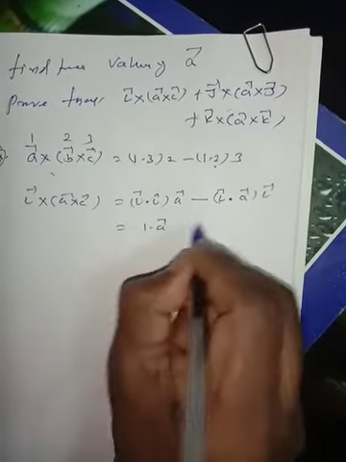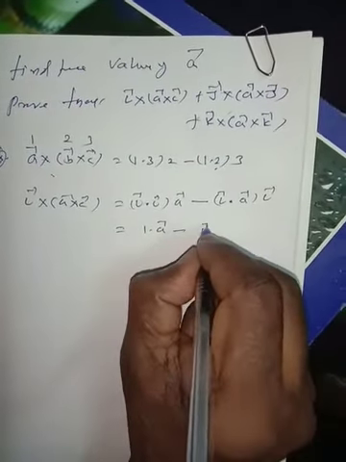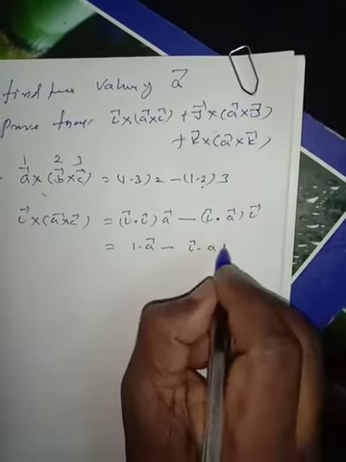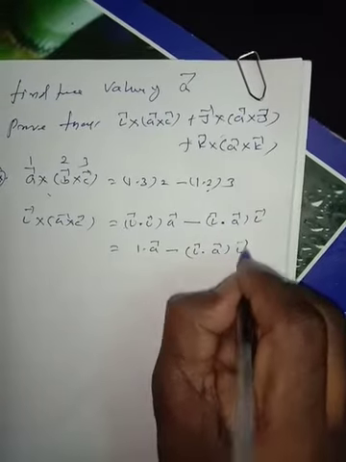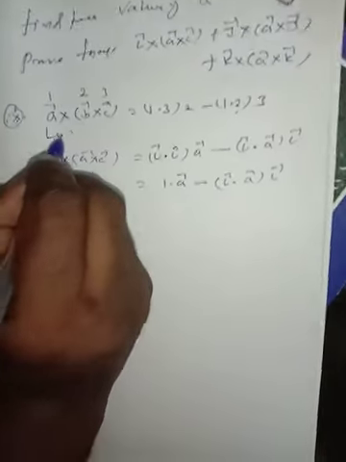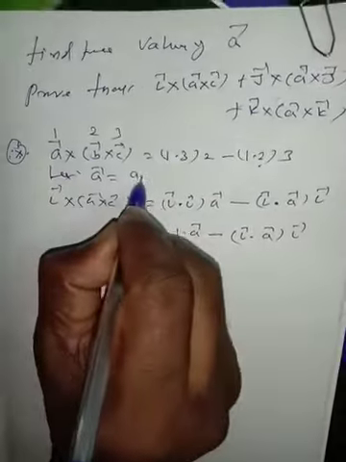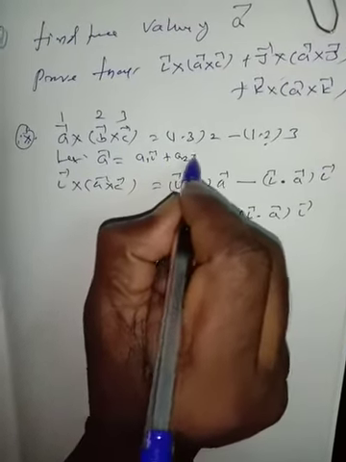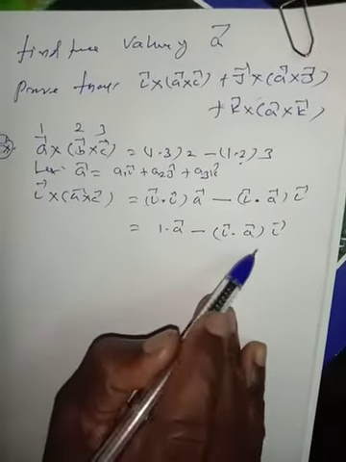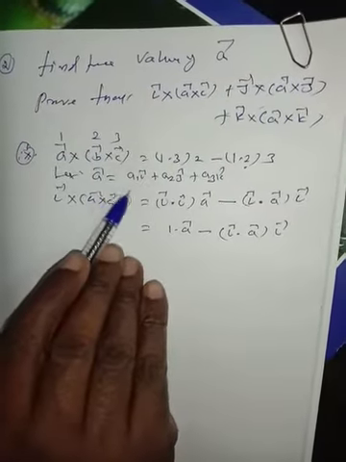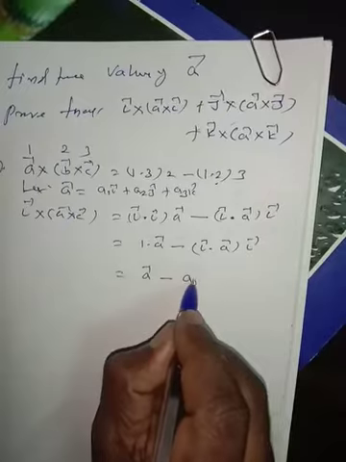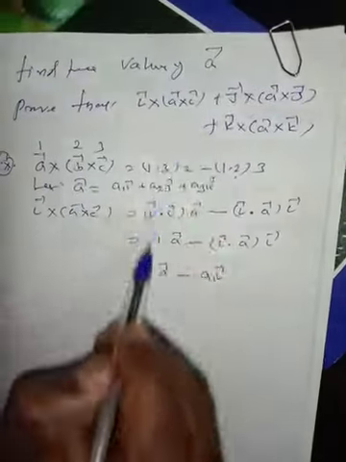So 1 dot a vector minus (i vector dot a vector) into i vector. Let a vector be equal to a1 i vector plus a2 j vector plus a3 k vector. Using i dot a means a1, so a vector minus a1 of i vector. This is the first part result.